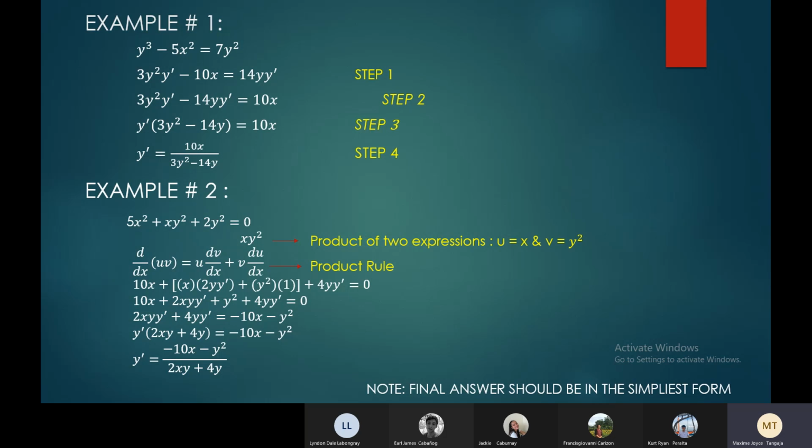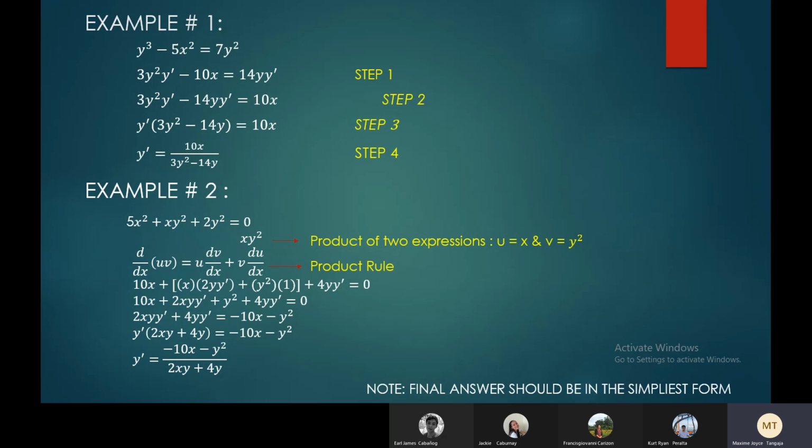So differentiating 5x squared gives 10x, plus we use the product rule: u is x times the derivative of v, which is y squared, so the derivative is 2y y prime, plus v, which is y squared, times the derivative of u, which is x, is 1. So plus 2y squared, and the derivative is 4y y prime, equal to 0. So combining: 10x plus 2xy y prime plus y squared plus 4y y prime is equal to 0.